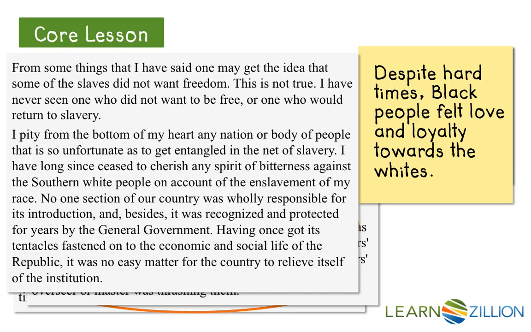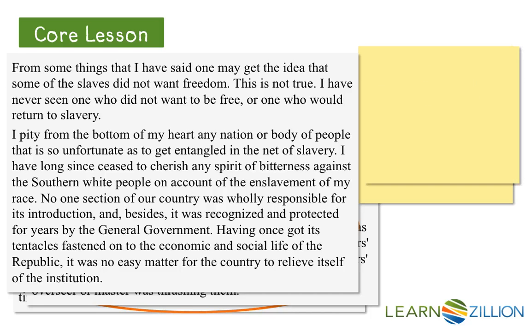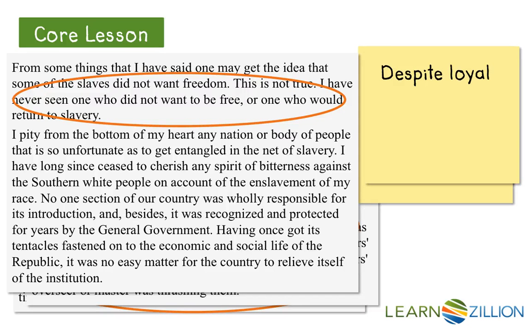And this last section I've picked out begins with, "From some things that I have said, one may get the idea that some of the slaves did not want freedom. This is not true. I have never seen one who did not want to be free, or one who would return to slavery." In this, I particularly looked at that last sentence.